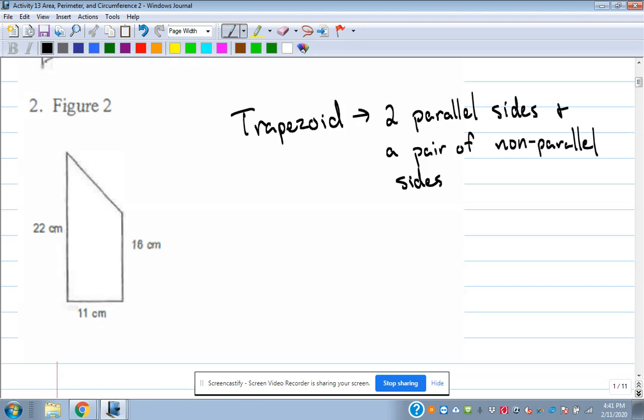But the formula for area of a trapezoid, does anybody know that off the top of their head without hitting up Google or Siri? 1/2 base 1 plus base 2 times the height. The bases are your parallel sides.